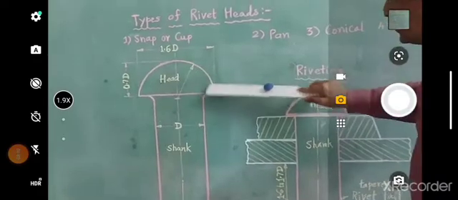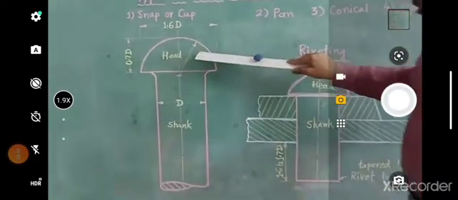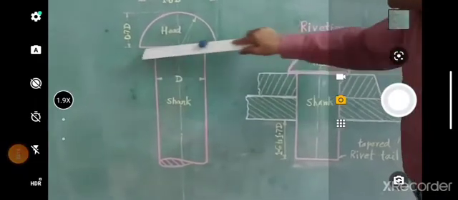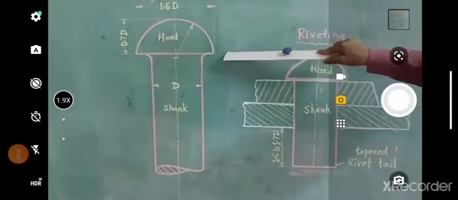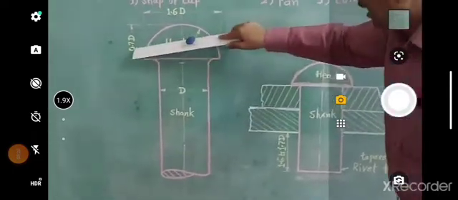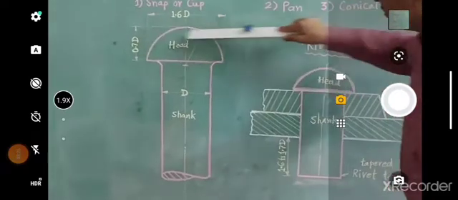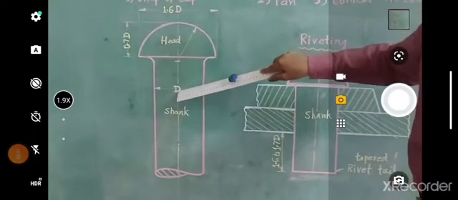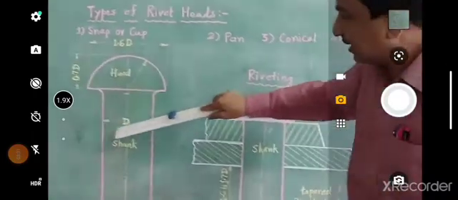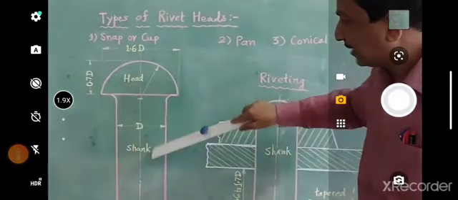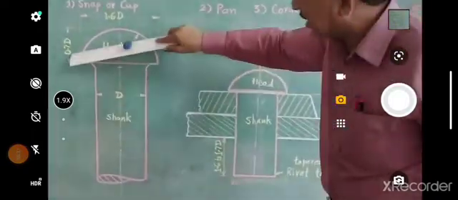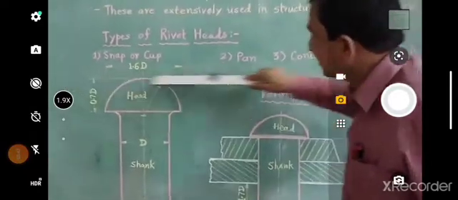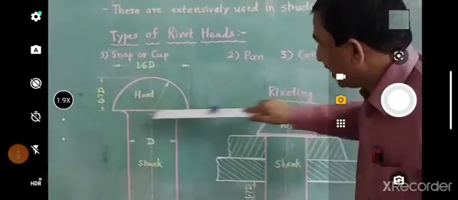So how to draw this rivet head? First you draw the shank, then draw one horizontal line. After that, draw this horizontal line taking 0.7D. D is the diameter of the rivet, that is the shank diameter, which we will know. So calculate 0.7D and draw this line.